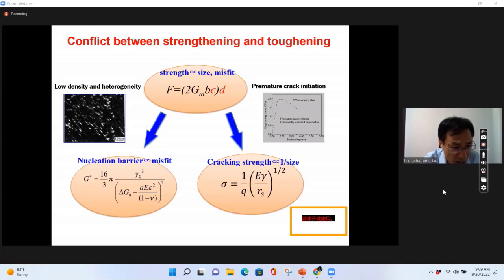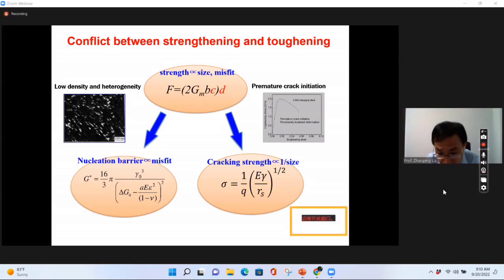And due to the higher nucleation barrier, those particles tend to nucleate around the defects. That is why we normally end up with an inhomogeneous distribution of these incoherent or semi-coherent particles.